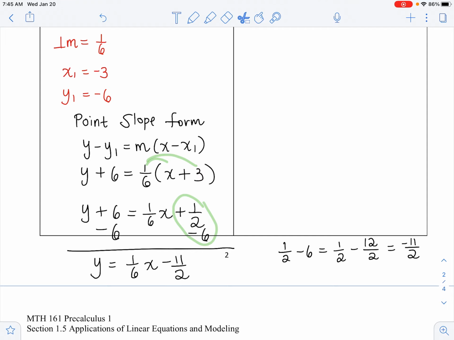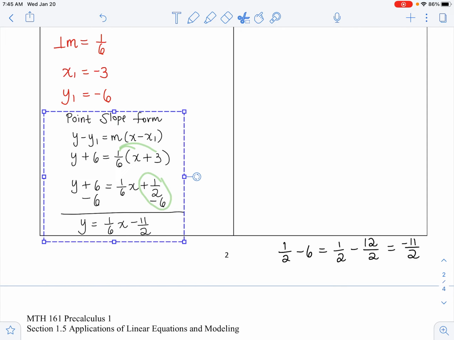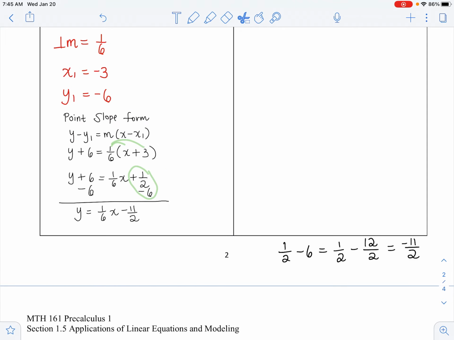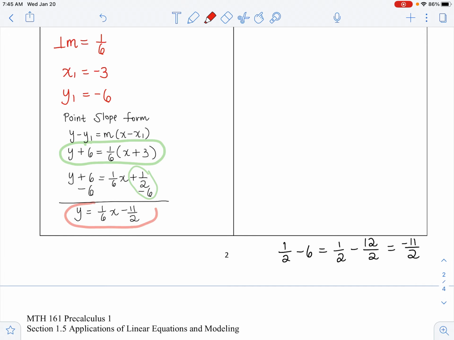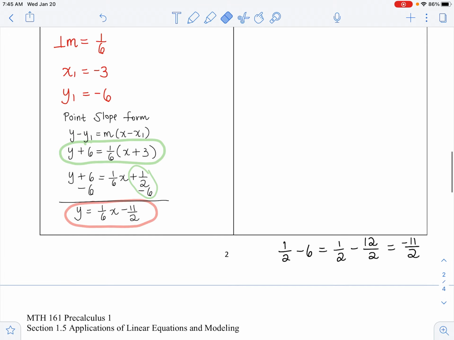Let me make this work a little bit smaller. So we found the point slope form. This is the point slope form. We also found the second answer. This is your slope intercept form.